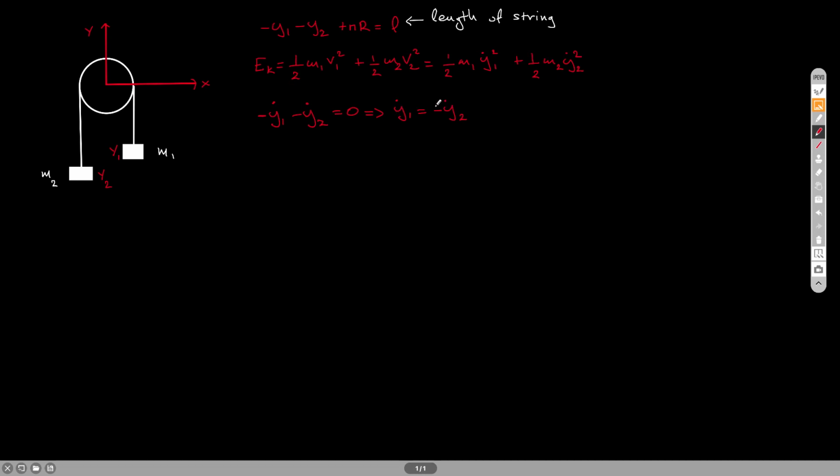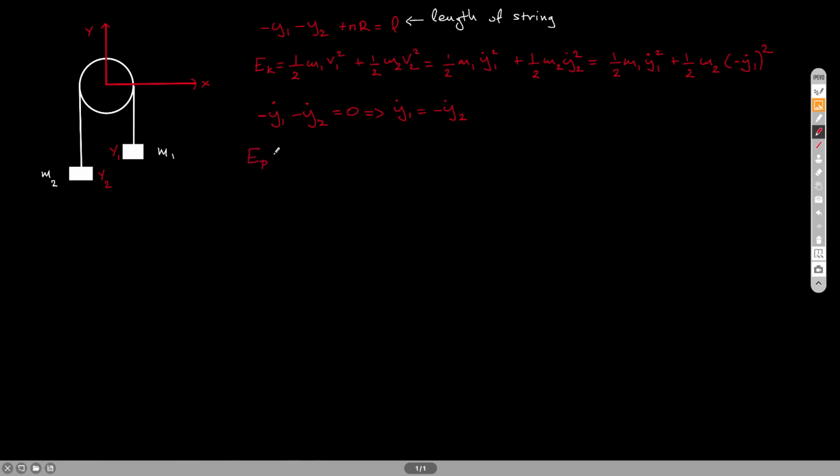So the time derivatives are opposite. I can use this to eliminate y2 dot, and this will be 1/2 m1 y1 dot squared plus 1/2 m2 (minus y1 dot) squared. Now, this is the expression for the kinetic energy.